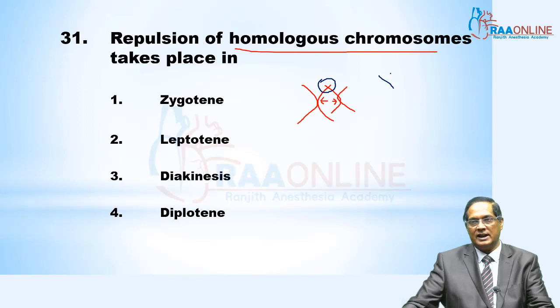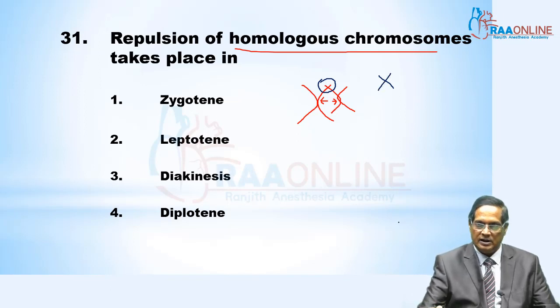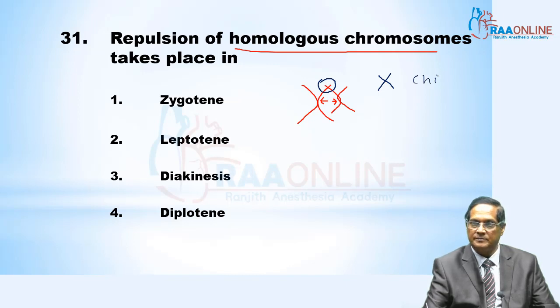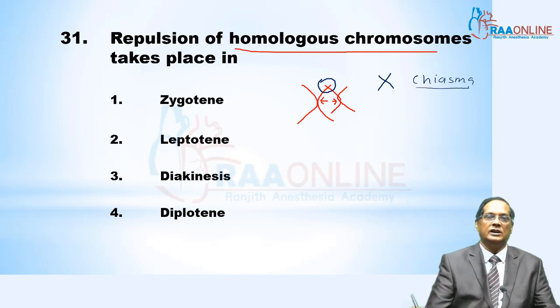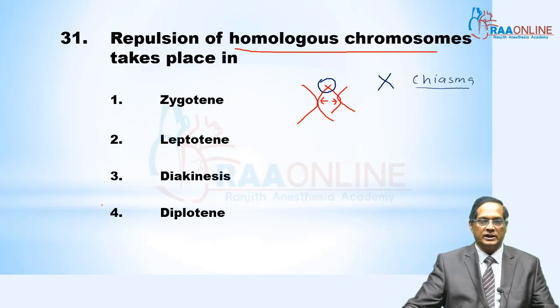That X-like structure is known as chiasma. So chiasma is seen in diplotene because of repulsion of homologous chromosomes. So here the best answer is the diplotene stage.